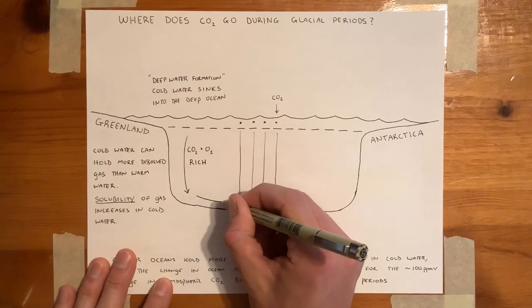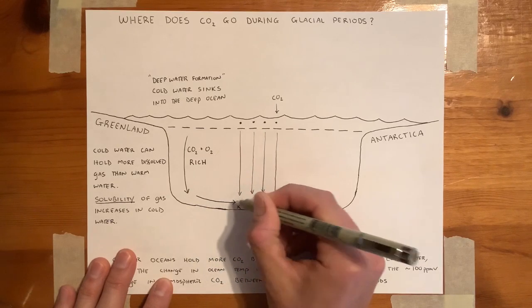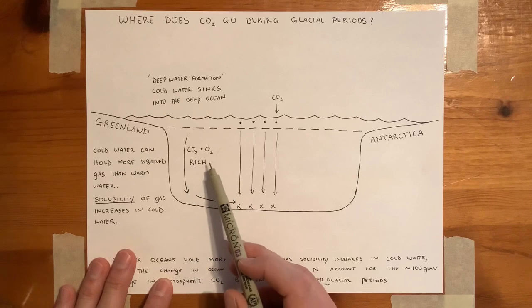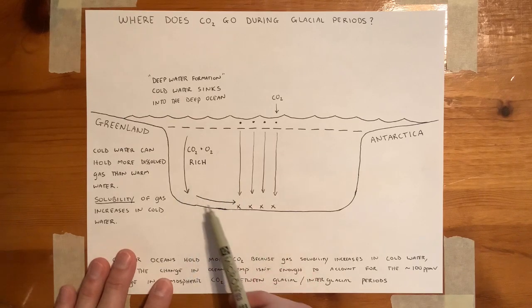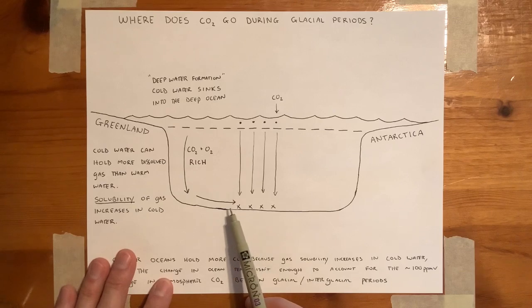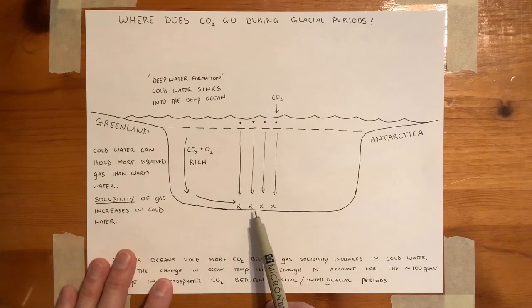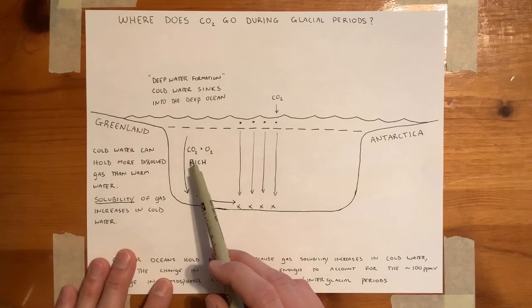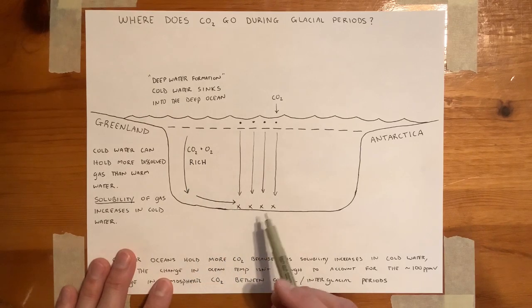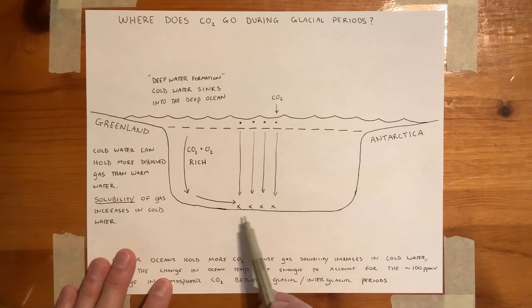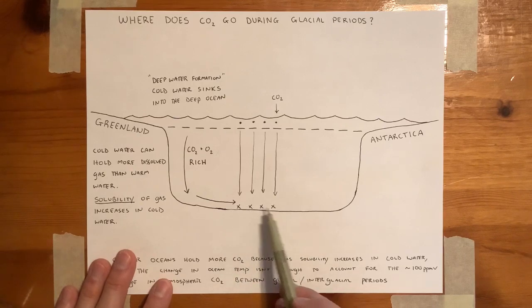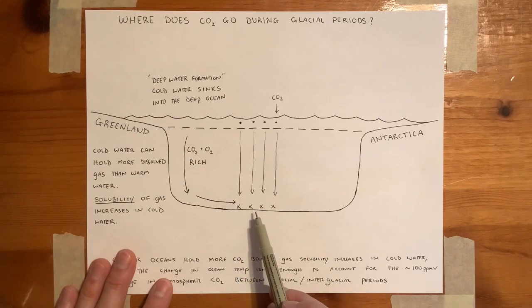Then the cold, CO2 and O2 rich deep water comes flowing down along the bottom of the ocean. And remember, it's rich in not only CO2 but also in O2, and so that O2 is going to oxidize this dead organic matter, help it decay, and in that process, more CO2 is released into the deep ocean.